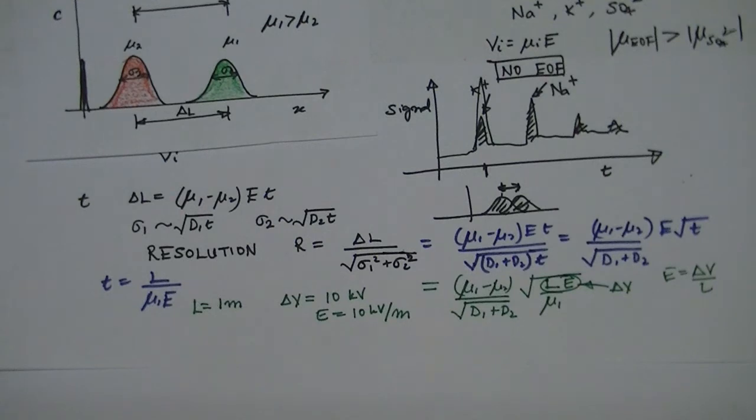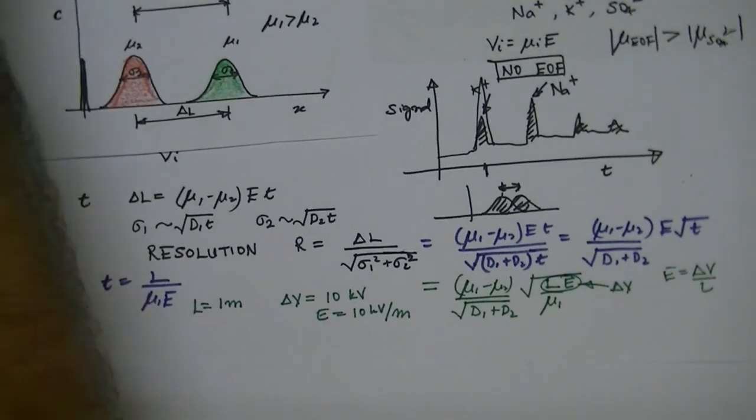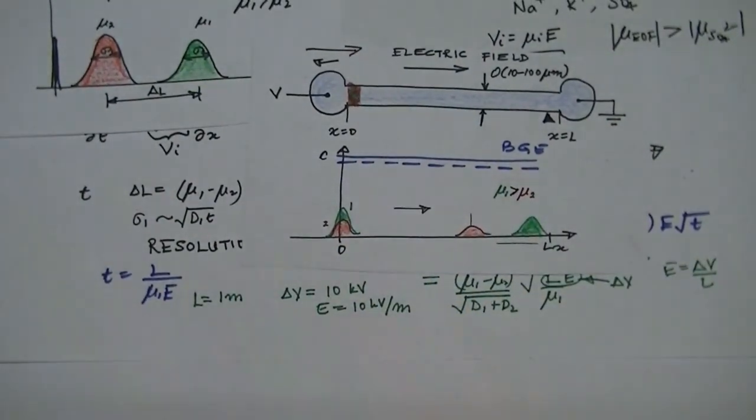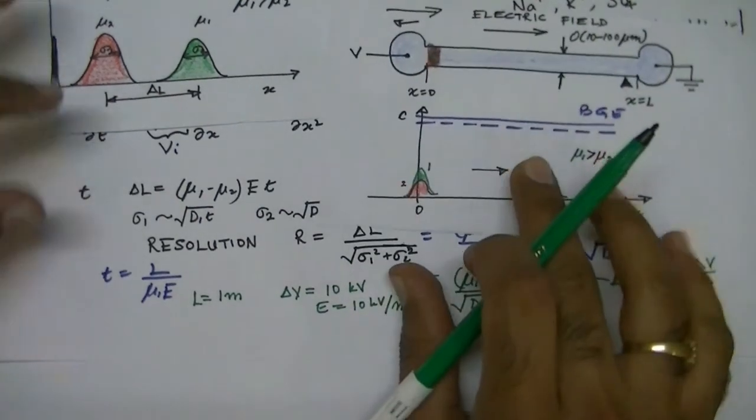So this is a brief introduction to capillary zone electrophoresis. Now we haven't discussed how microfluidics can help us in achieving better electrophoresis, and that we will discuss in the next lecture. In particular, we will see what the advantages are of miniaturizing this system and making a microfluidic system in achieving a proper analysis.